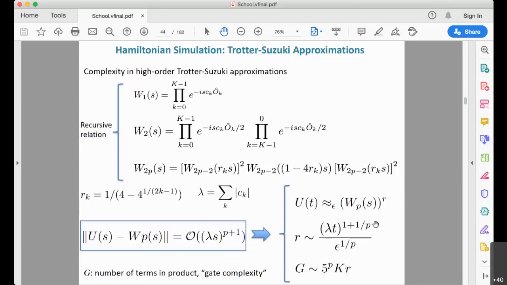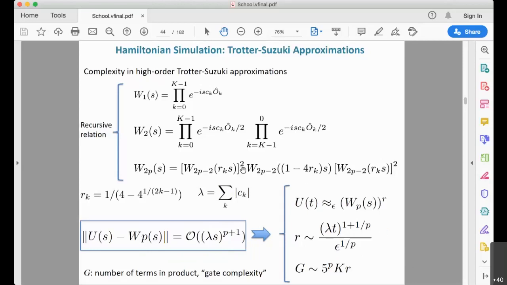So following this bound here, one can easily see that the overall error will be r times the thing that we have here. That will imply that r has to scale in this way with the evolution time and the precision. So this p is basically the order of the approximation. And at the end, the number of gates, which will be the number of products in my formula, because we're defining it recursively, each higher order is calling 5 times the previous one, right?